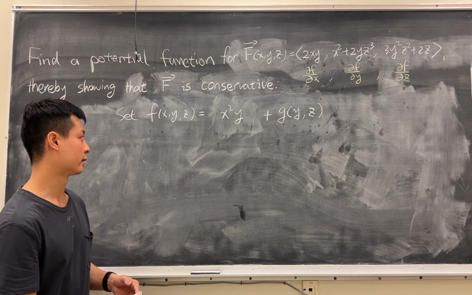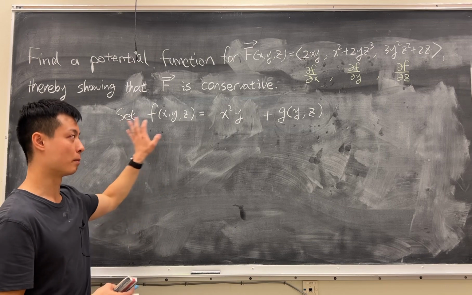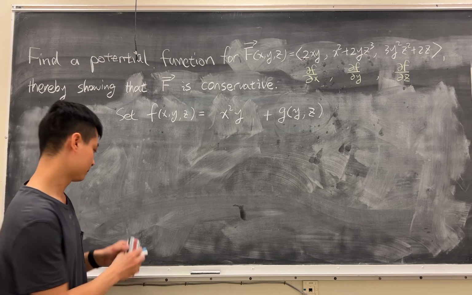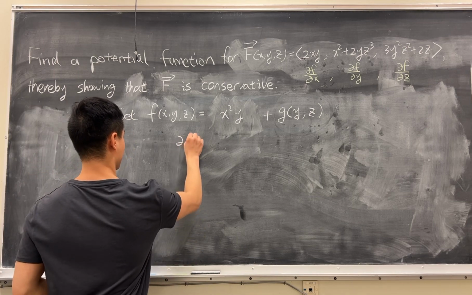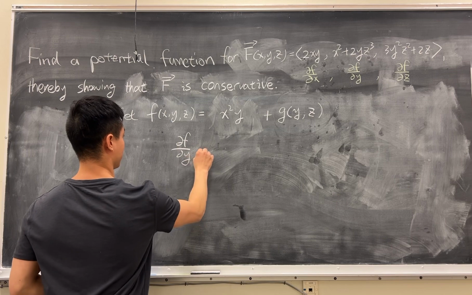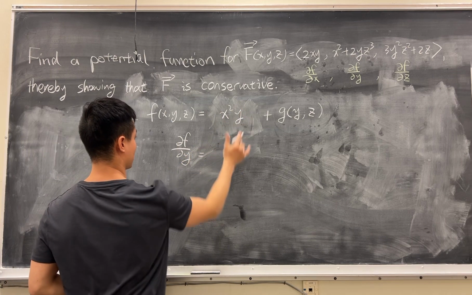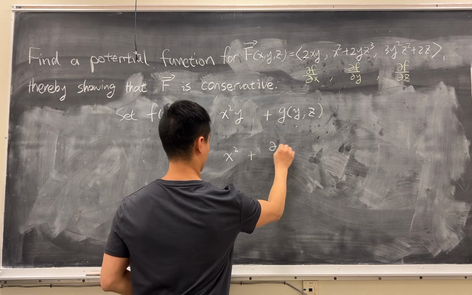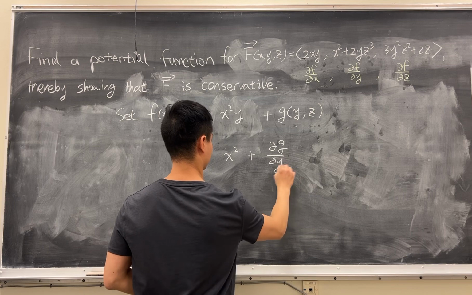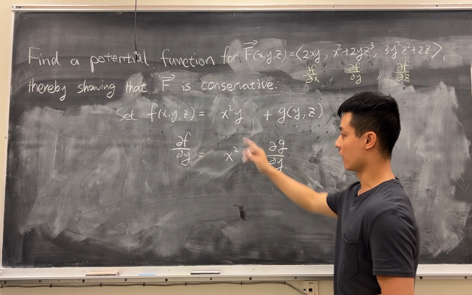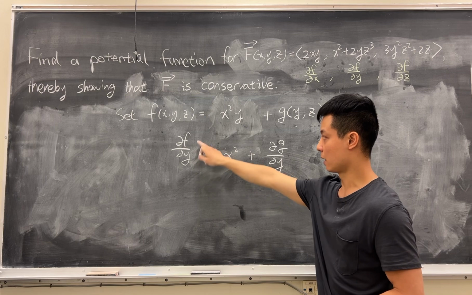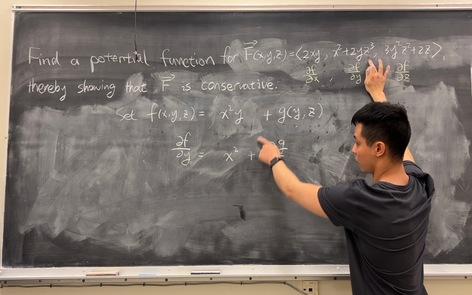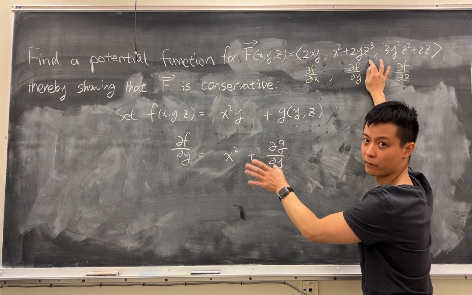Next step, we're going to take partial y on both sides of the equation to make use of the rest of the information that is given. Partial y is going to give us x squared, and then this one's going to become partial g, partial y. Because we know what partial f partial y is, which is already given here, and we also know this one, we can solve for partial g, partial y from this equation.